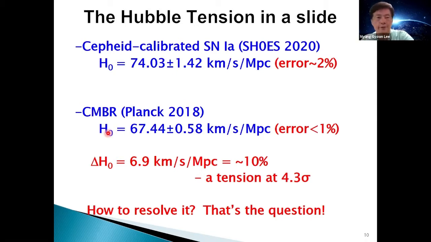So this difference is at the level of 4 to 5 sigma. If the difference is 4 to 5 sigma, then it's serious. So now we call it Hubble tension. And everybody is wondering how to resolve this one. That's the question.